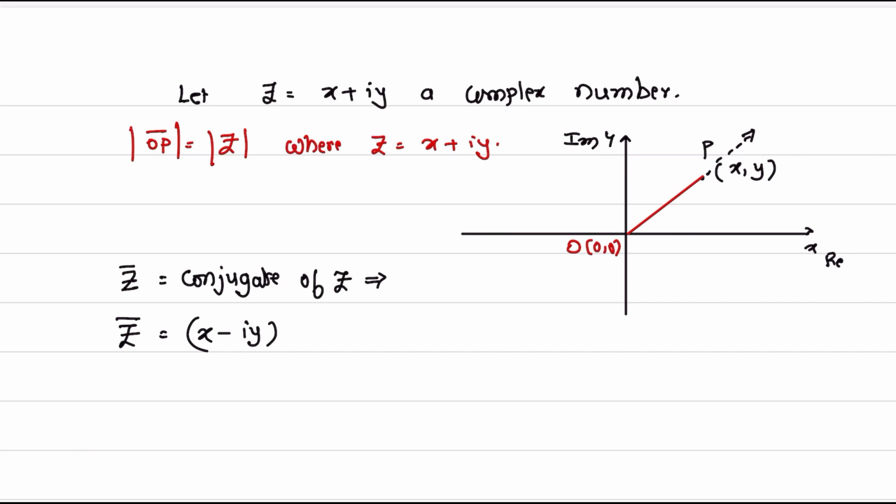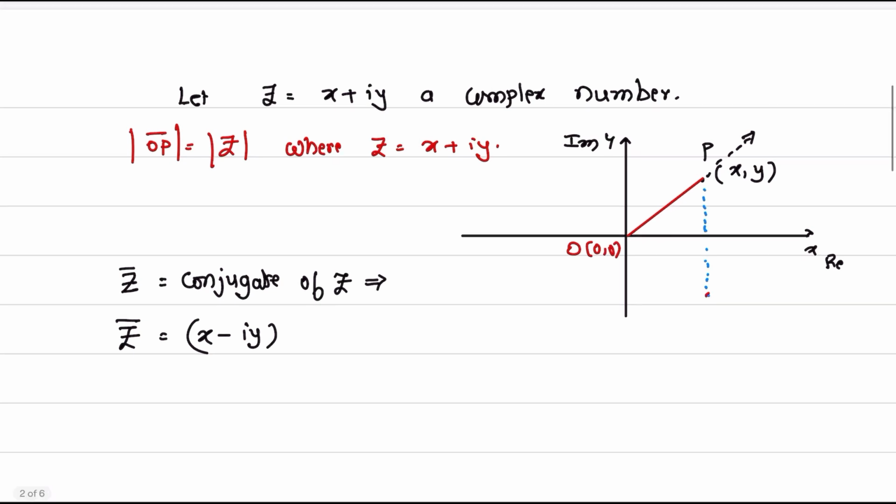In the complex plane, how do you represent x minus iy? x is the same x only. x is not changing its sign, but y is changing its sign. The point here is x minus iy.